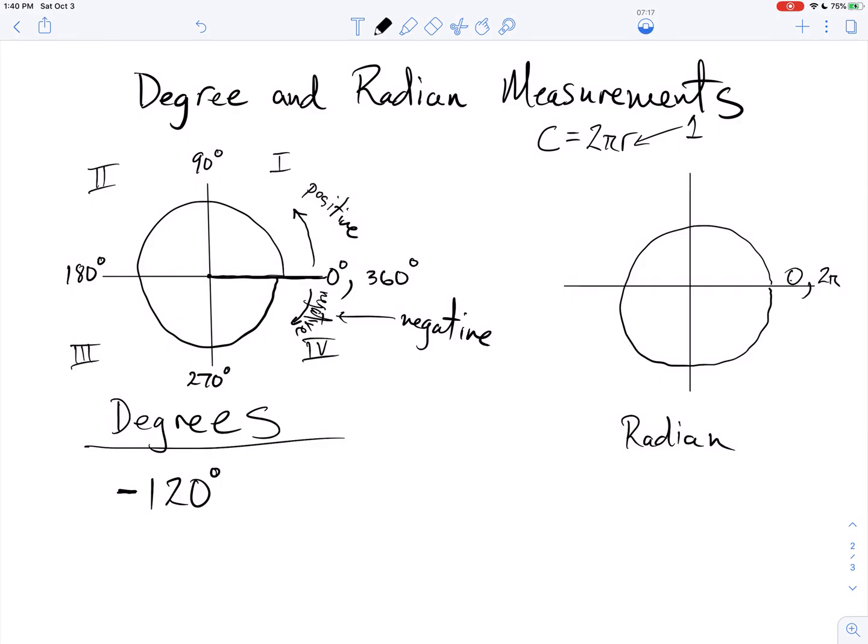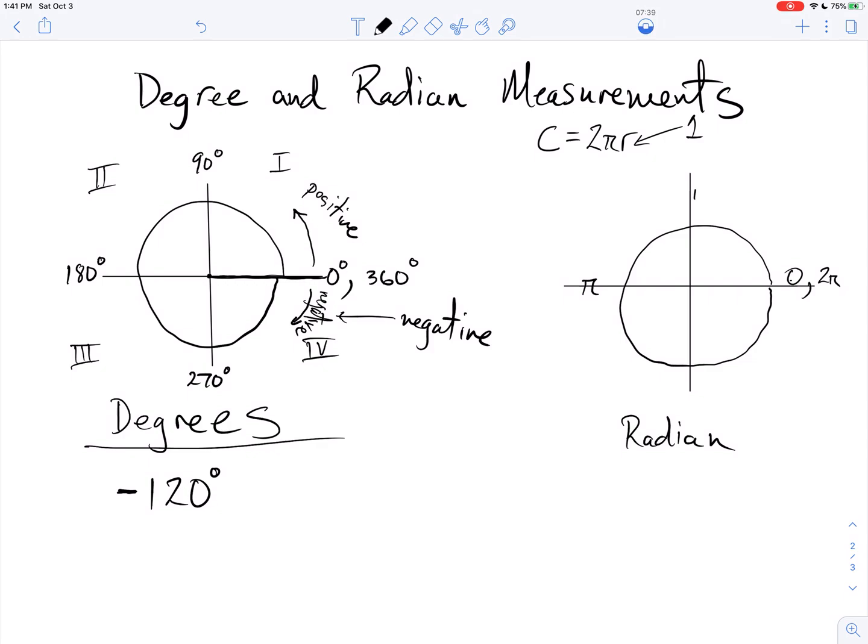So when we talk about measuring angles, we can either do it in degrees or radians. Now, let's think about it then. If we start at 0 and we go halfway around a circle, well, halfway around would just be 1 pi, not 2 pi. And then we have some little fragmented spots in between.